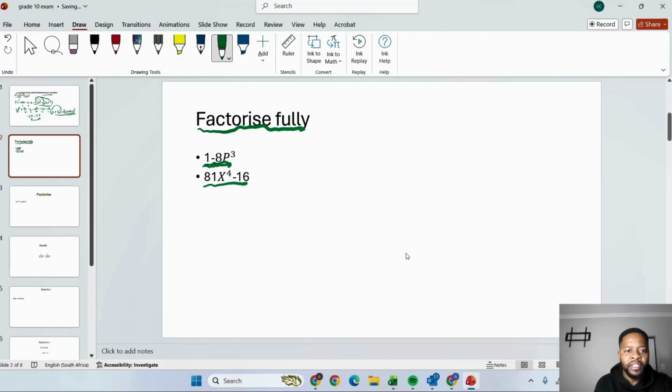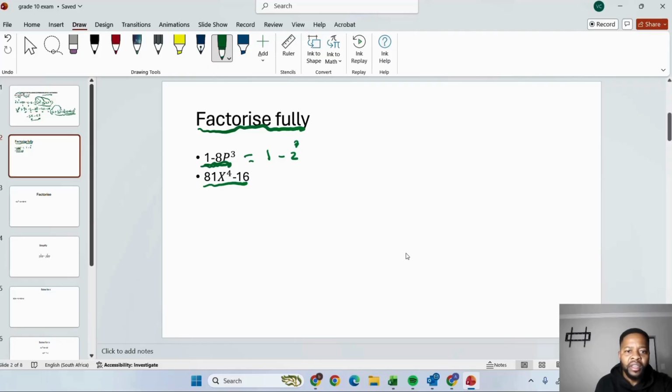If I look at this expression and break these numbers down, 1 minus the second term is going to be 2 to the power of 3. Just to show there, 2 to the power of 3 means 2 times 2 times 2, three times, which equals 8.